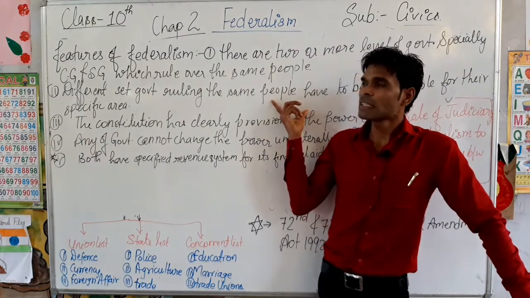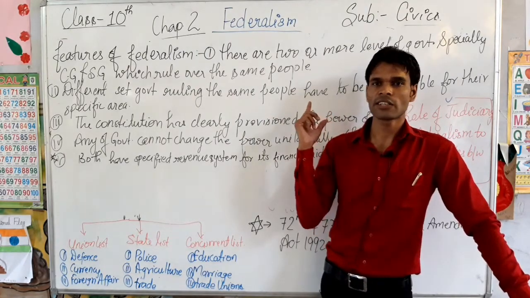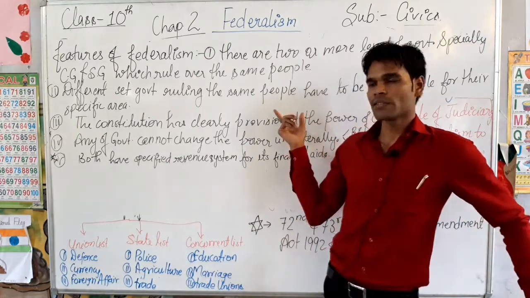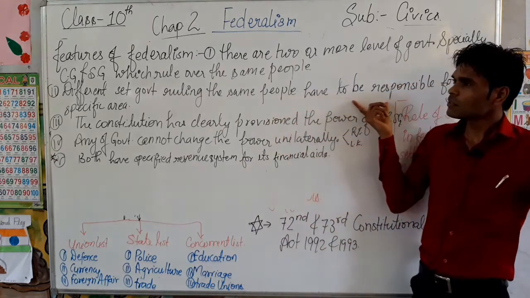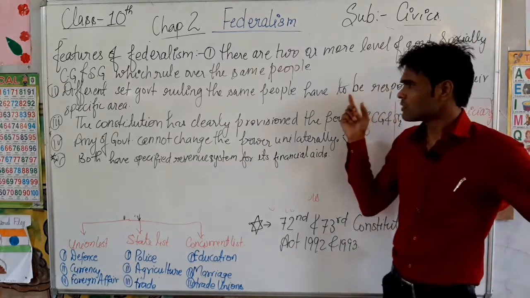The central government has the whole population, the whole country under its authority, so it will make rules for all people. But even the state government works within its specific area.